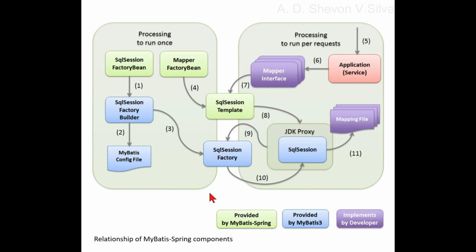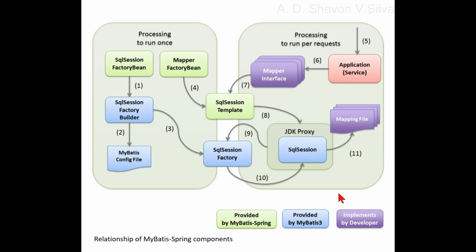Processes that are performed at the start of the application: processes 1 to 4 mentioned here correspond to this type. Processes that are performed for each request per client: processes 5 to 11 mentioned here correspond to this type.